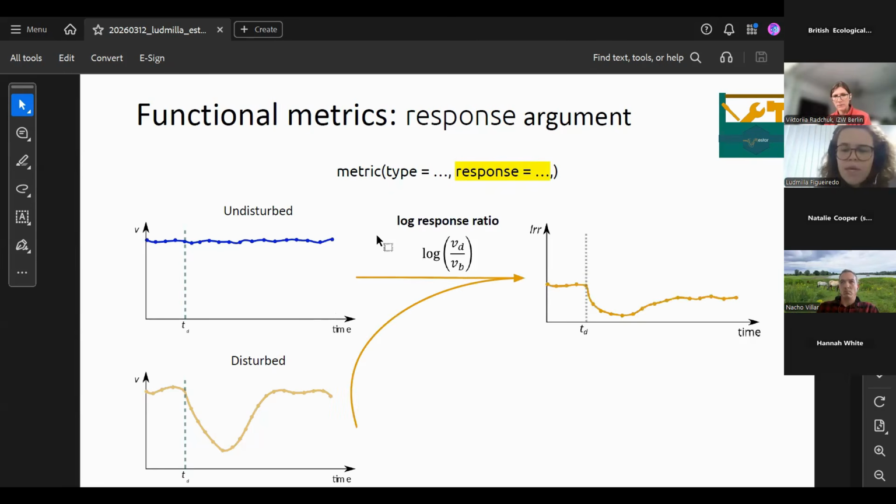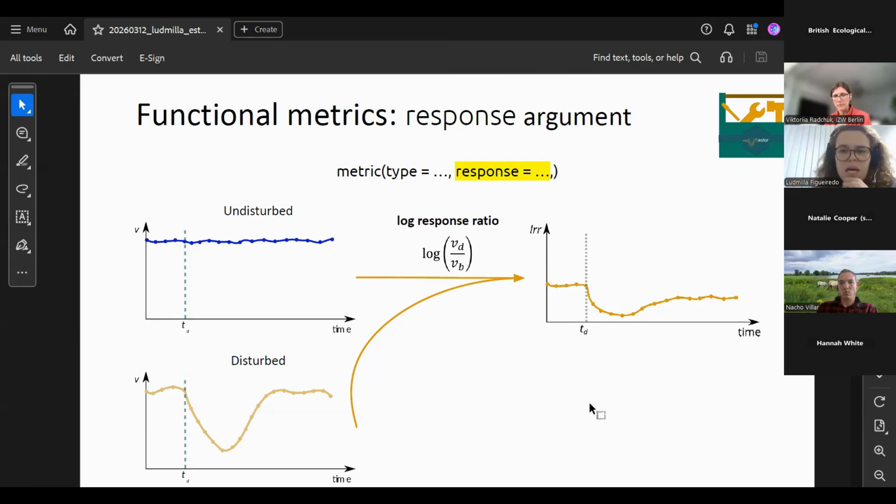Or we can also scale that response, for example, by using the log response ratio between your disturbed state and the undisturbed state.